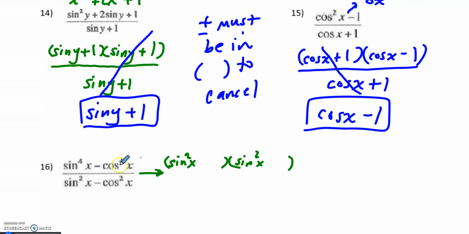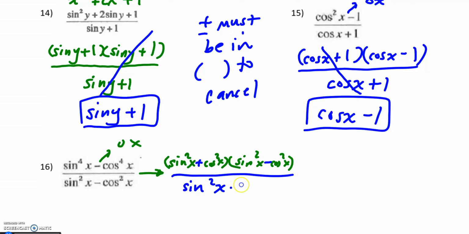What two things multiply to be cosine to the fourth x? Cosine squared x and another cosine squared x. So if I want my sine squared x, cosine squared x to again combine in the middle to be 0, we need one of these parentheses to be a plus and one of these parentheses to be a minus. Again, this is called the difference of squares from AAA.